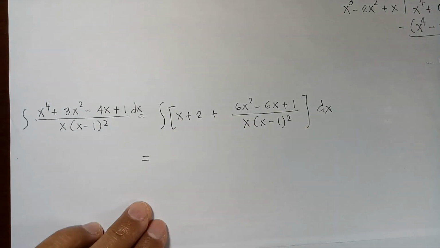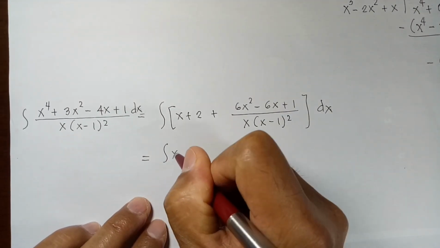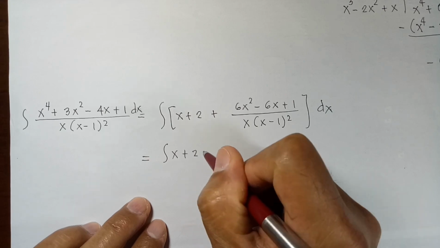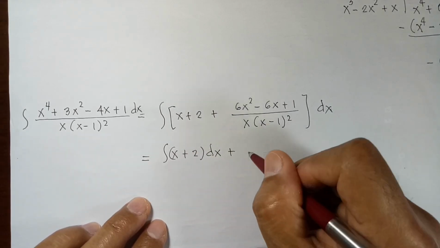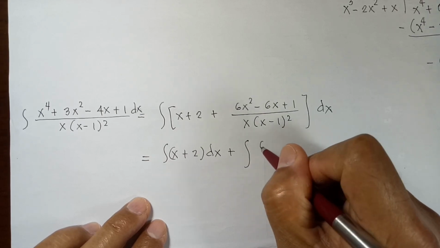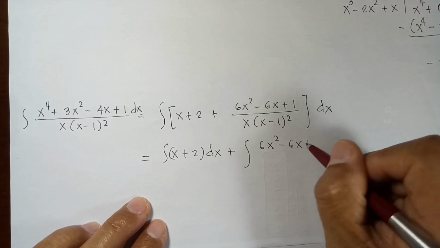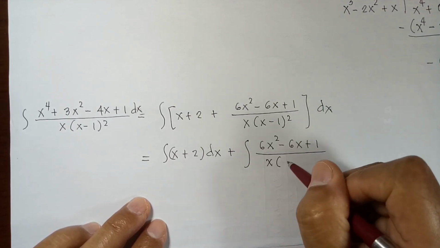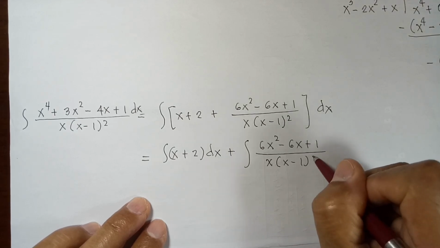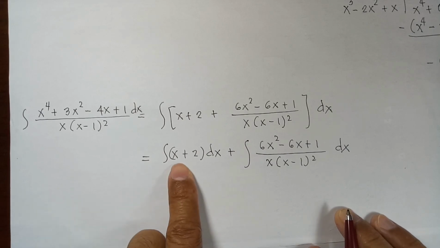Pag-iwalay natin ang integral ng bawat isa. So, we will have the integral of x plus 2 dx and then plus the integral of 6x squared minus 6x plus 1 divided by x times x minus 1 squared dx.